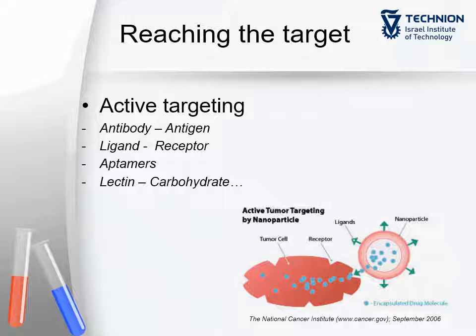The therapeutic agent can be actively targeted by conjugating the carrier with a cell or tissue-specific ligand, thereby allowing the preferential accumulation of the drug at the disease site.